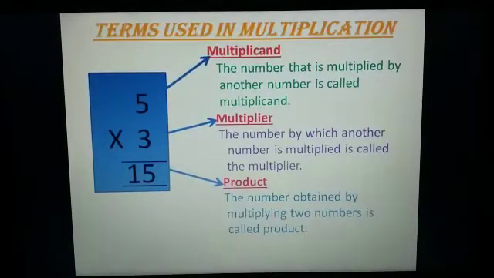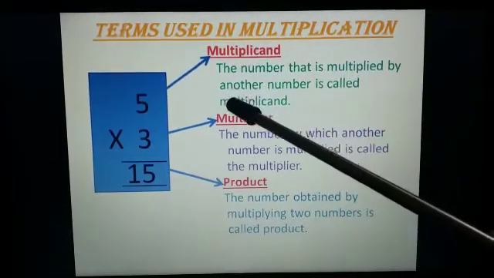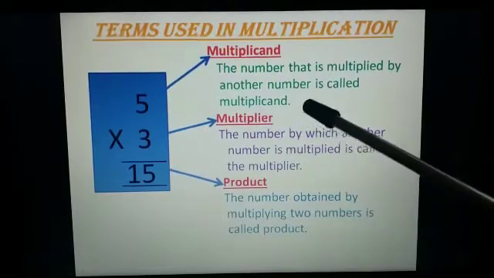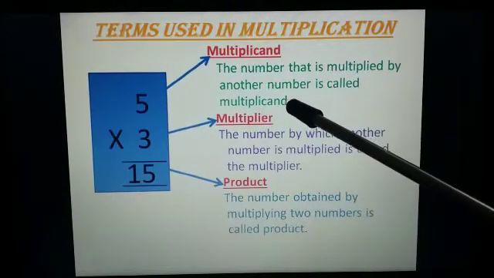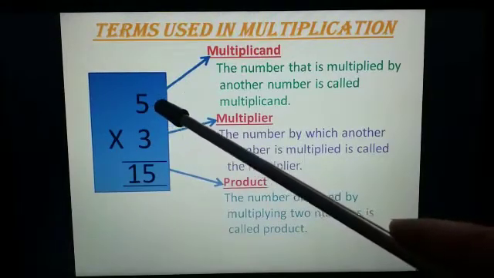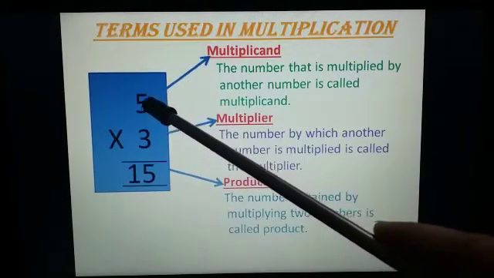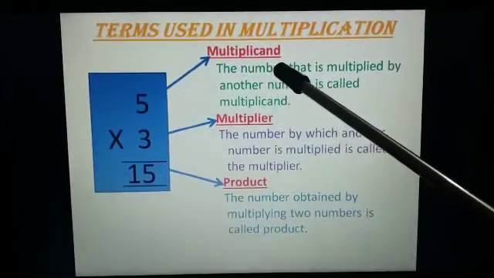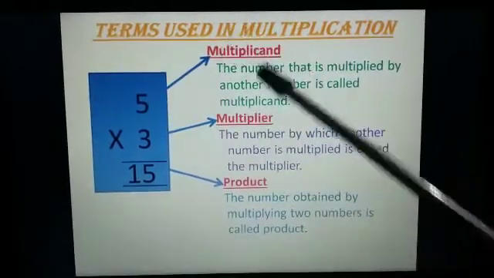Now some terms used in multiplication. Multiplicand. The number that is multiplied by another number is called multiplicand. Now here 5 is multiplicand. हम 5 को मल्टीप्लाई कर रहे हैं. जिस नंबर को हम मल्टीप्लाई करते हैं उसे हम क्या कहते हैं? मल्टीप्लिकेंड.